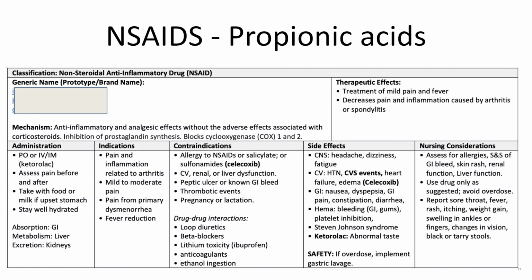It's a non-specific inhibitor of both COX-1 and COX-2, and usually it's administered by the oral route, and even when taken with food it can be absorbed. Absorption from the gastrointestinal tract is quite good, metabolism occurs in the liver, and excretion occurs through the kidneys.